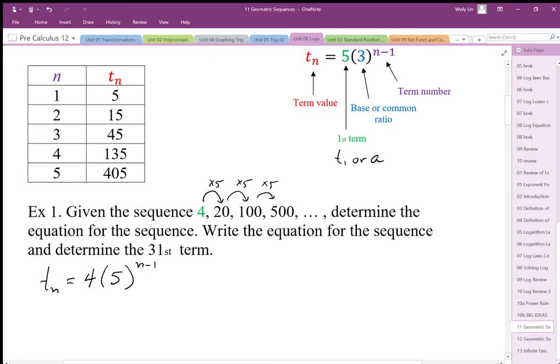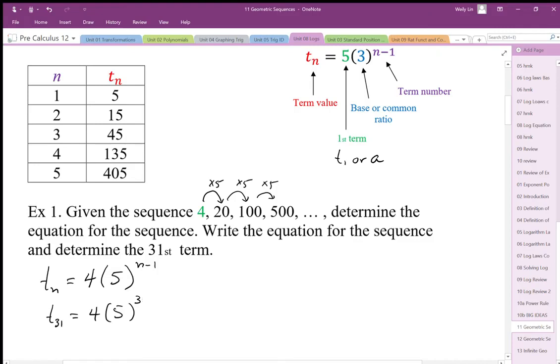Okay, so we can divide consecutive numbers to get the r value, or our multiplier. So there's our equation. I want to find the 31st term in the sequence. That means I have 30 steps from 1 to 31.